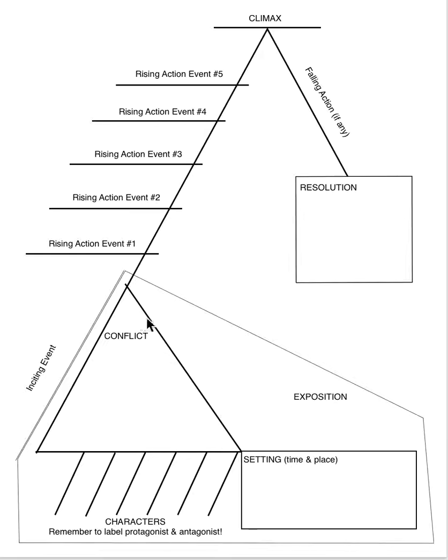Putting your conflict in this triangle, the main conflict that the protagonist is experiencing. Your inciting event here, key events in the rising action, leading up to the climax, falling action if there is any, and then a box at the end for how does the story actually resolve or conclude.